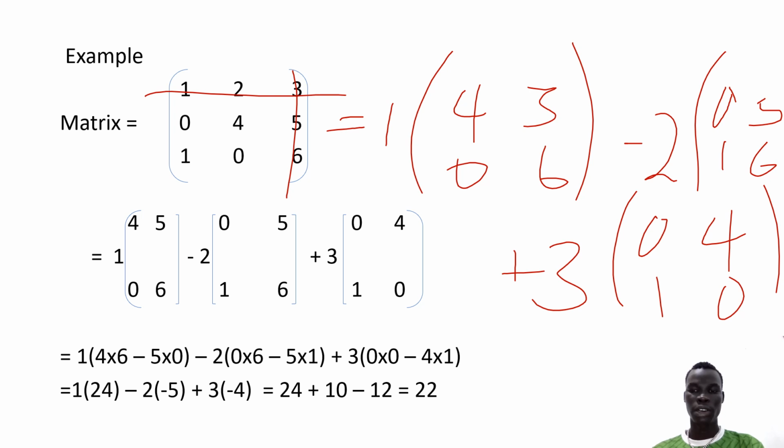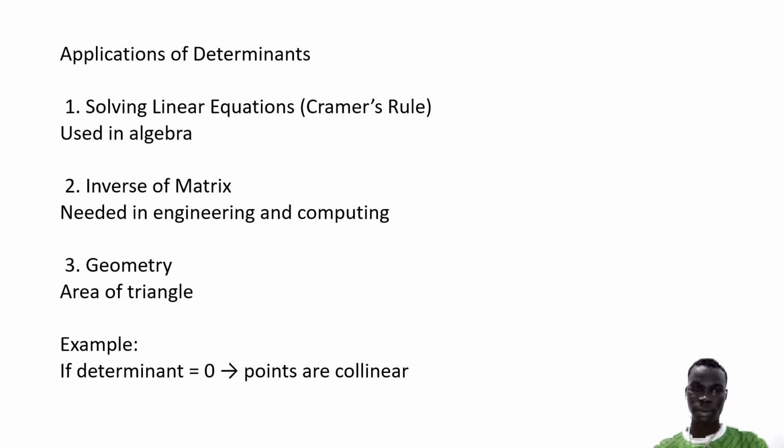Then it's going to be equal to 24 plus 10 minus 12, which is going to be equal to 22. Because when you add 24 plus 10, it gives you 34. 34 minus 12, you will get 22. So that's why we got 22.